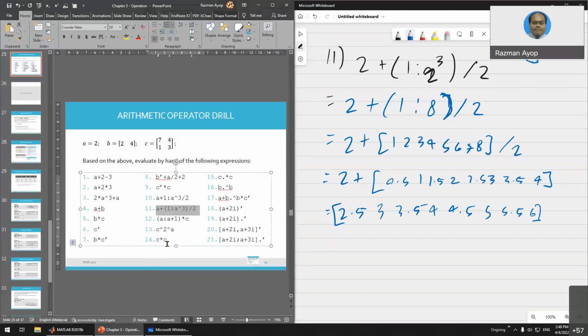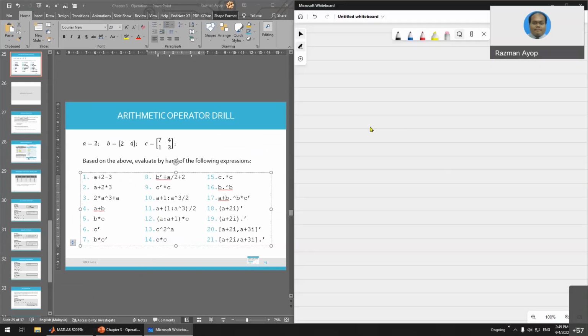Any problem so far about the precedence? No problem. So we proceed with the next one. Let me clear this first. Where is the clear? How about number 12?